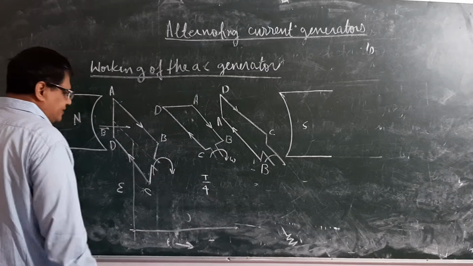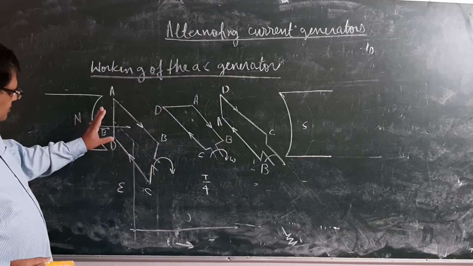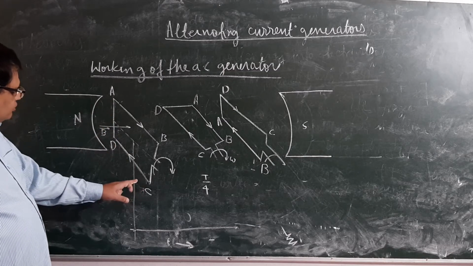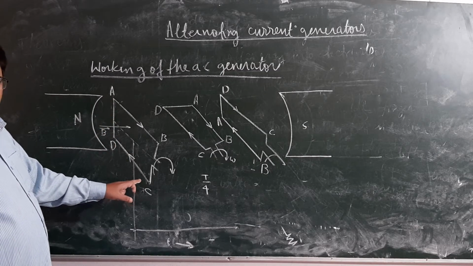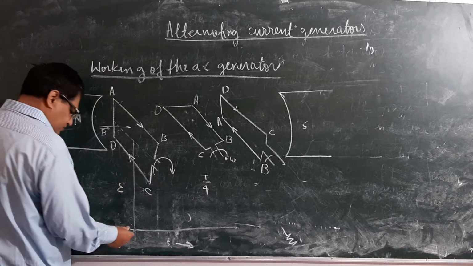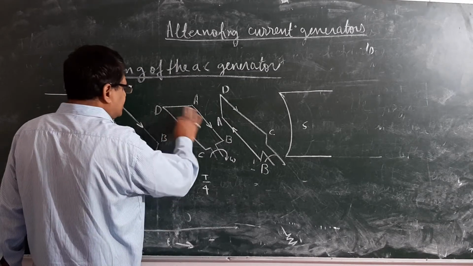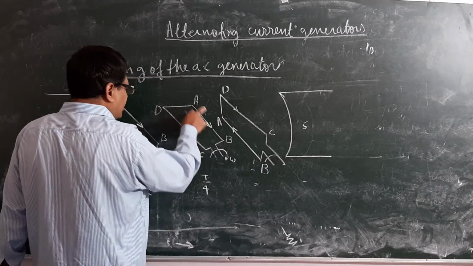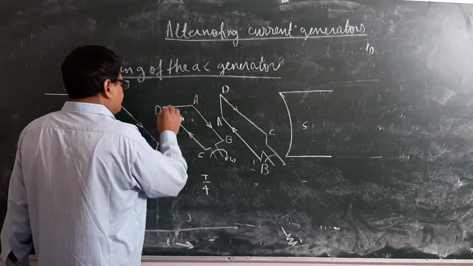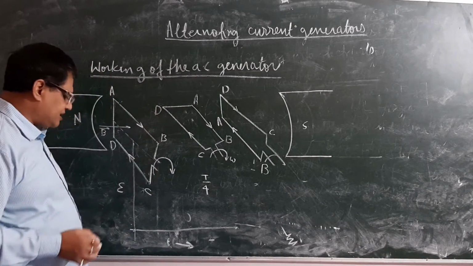Now let us draw the graph. Now here as I said that in this position, this end and this end, both will move parallel to the magnetic field, so they will cut minimum flux. So in this case, EMF is equal to 0. Whereas when time is T/4, the coil becomes horizontal, and in that case, the rate of cutting the flux will be maximum.